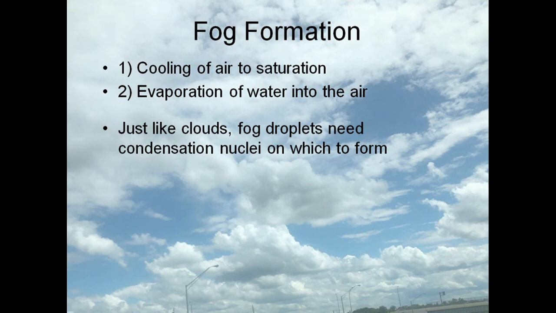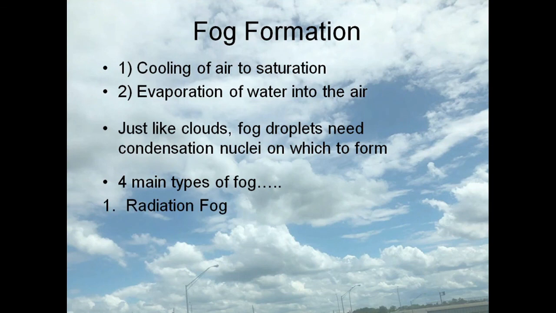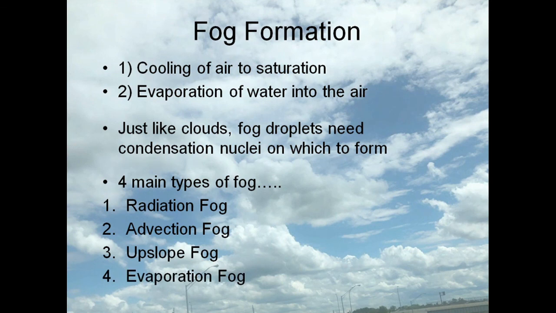Just like clouds, fog droplets need condensation nuclei on which to form. So there has to be some dust, dirt, smoke, or soot in the air for it to condense on. There are four main types of fog: radiation fog, advection fog, upslope fog, and evaporation fog.